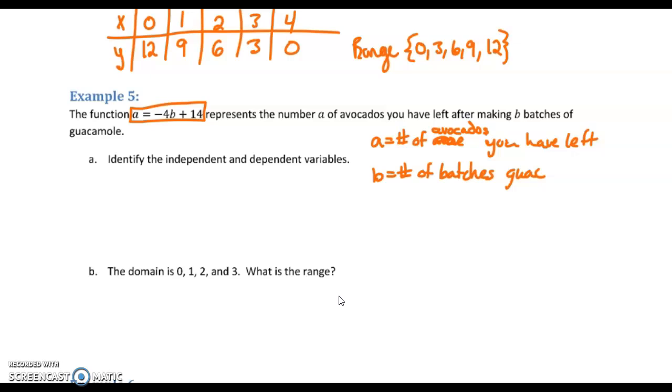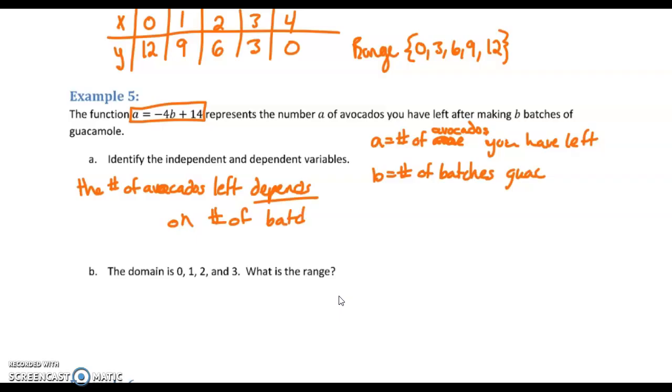Okay, so we're going to identify independent and dependent variables. If you make 1 batch versus 5 batches, that's going to change how many avocados are left on your counter. So if we write it out here, the number of avocados left depends on the number of batches you make.